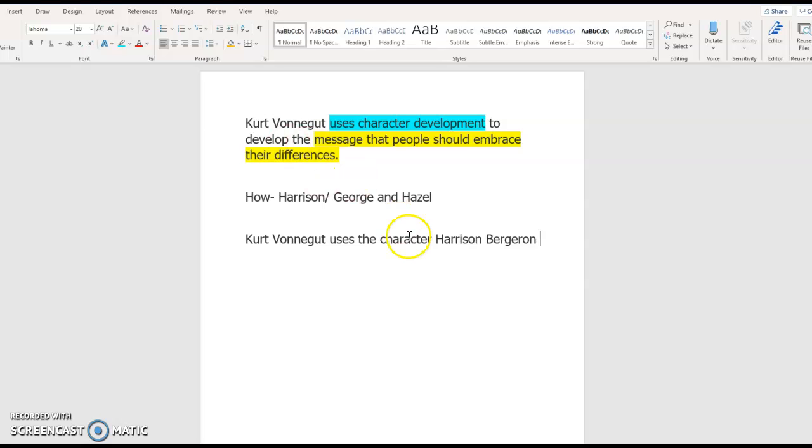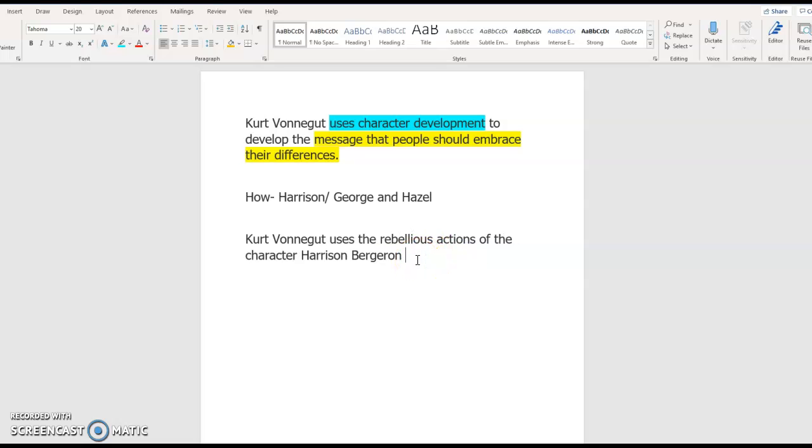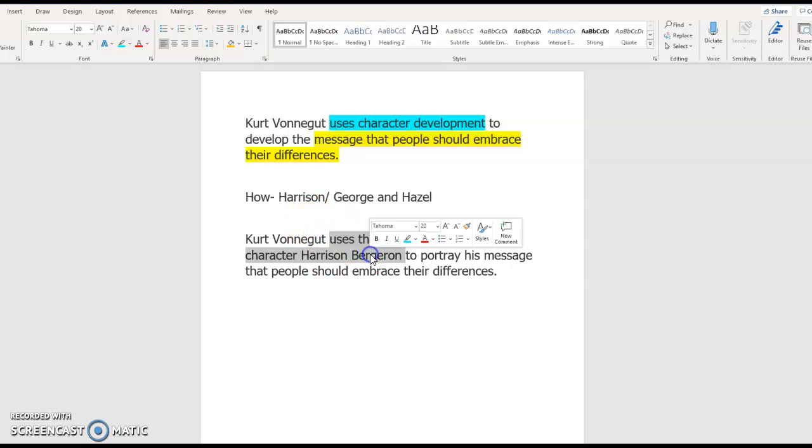He uses the rebellious actions of the character Harrison Bergeron to portray his message that people should embrace their differences. So if I do this, my how is the rebellious actions of Harrison Bergeron, and the message is people should embrace their differences. I didn't change that part, but I made my how a little more specific.